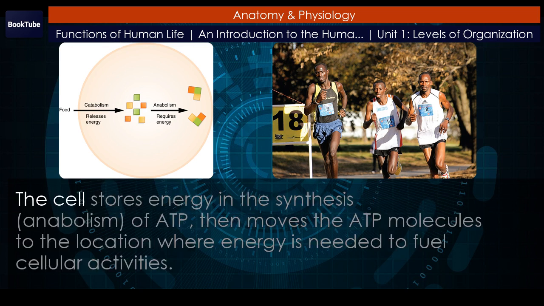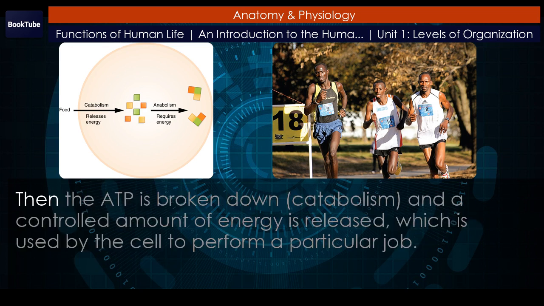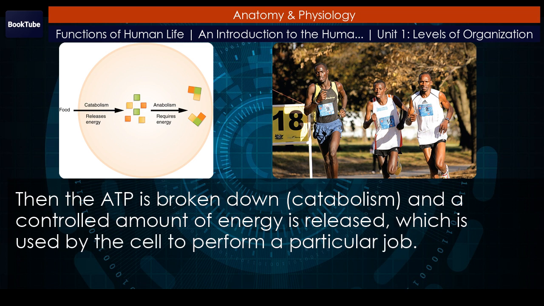The cell stores energy in the synthesis, anabolism, of ATP, then moves the ATP molecules to the location where energy is needed to fuel cellular activities. Then the ATP is broken down, catabolism, and a controlled amount of energy is released, which is used by the cell to perform a particular job.